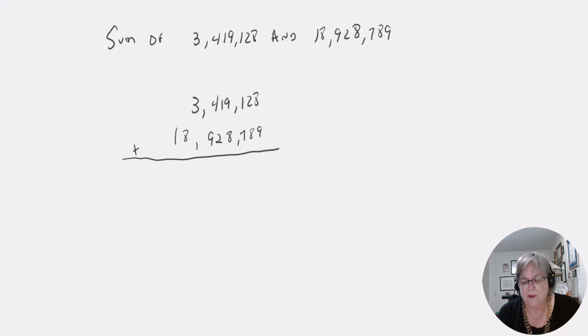Okay, 8 plus 9 is 17, so we write the 7 down, carry the 1. 1 plus 2 is 3, added to 8 is 11, carry the 1. 1 plus 1 is 2, plus 7 is 9. 9 plus 8 is 17, write the 7 down, carry the 1. 1 plus 1 plus 2 is 4. 4 plus 9 is 13, carry the 1. 1 plus 3 is 4, plus 8 is 12, carry the 1.